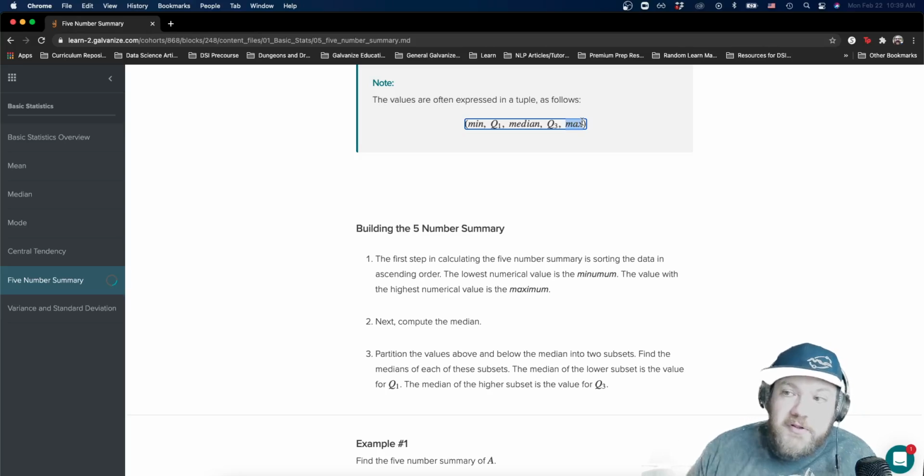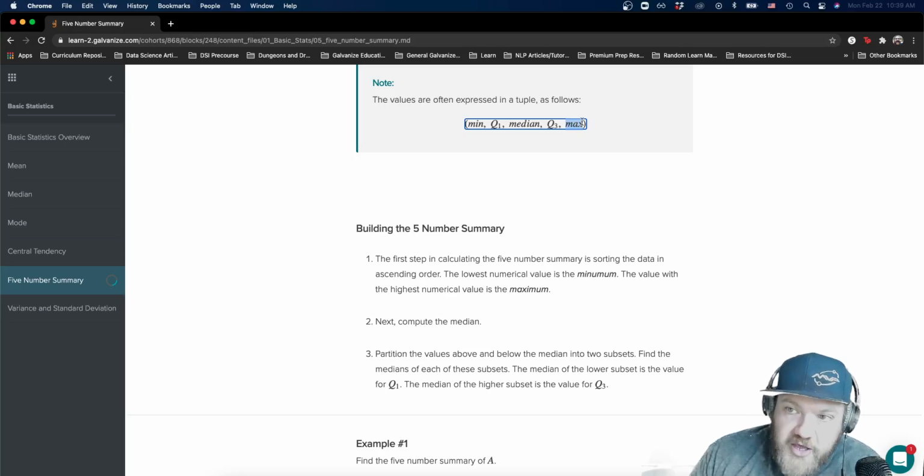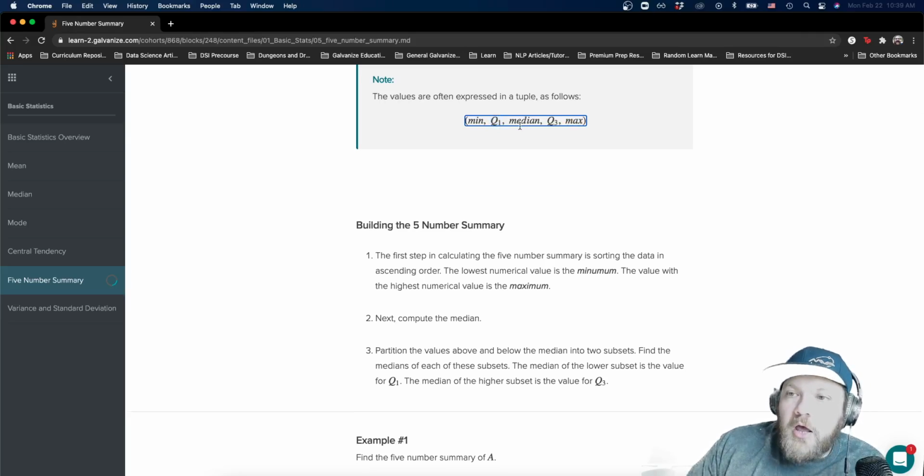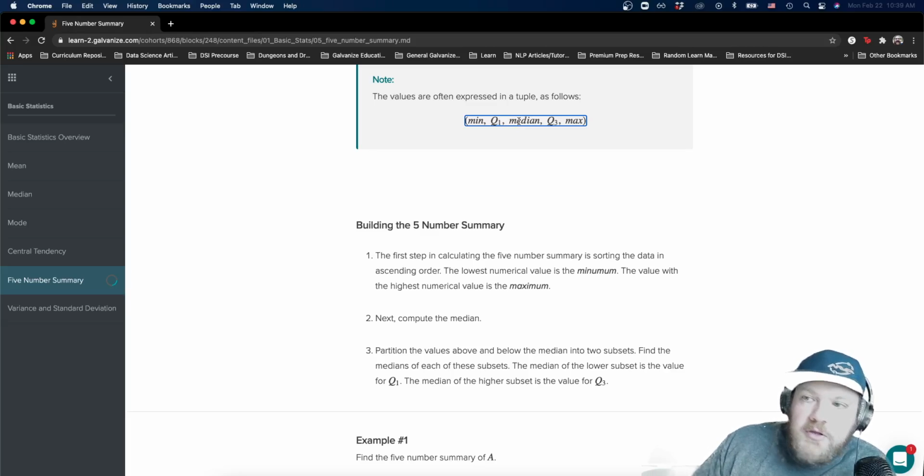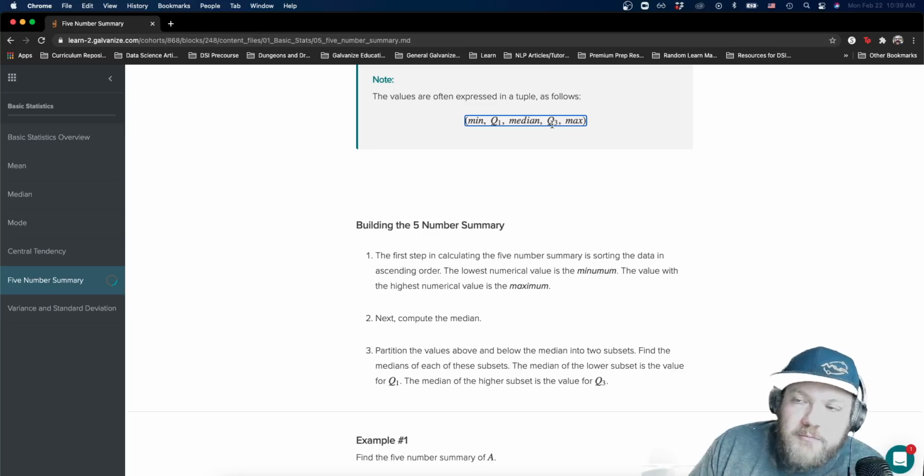These are typically referred to as the 4 quartiles, right? We have the lower quartile, everything below Q1, the second quartile between Q1 and the median, and then the third quartile between Q2 and Q3, and the fourth quartile between Q3 and Q4, right?